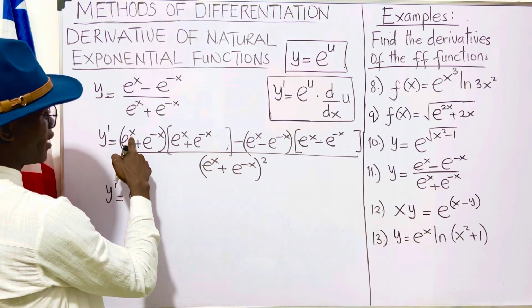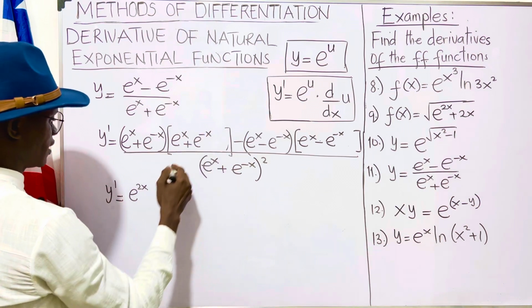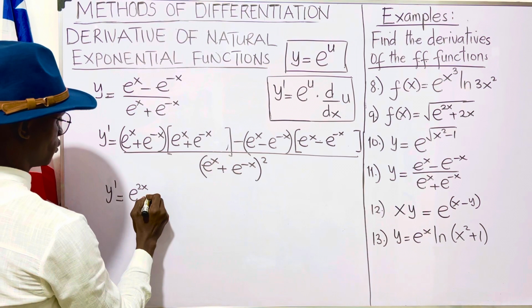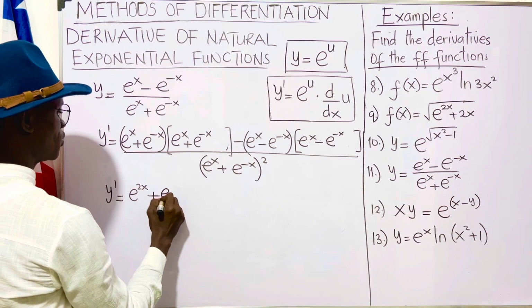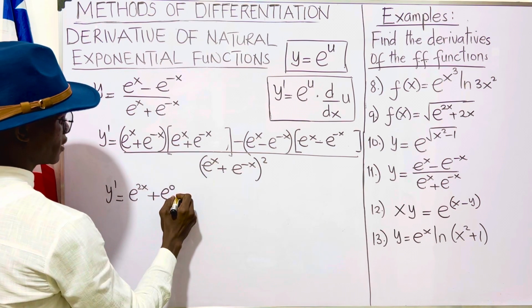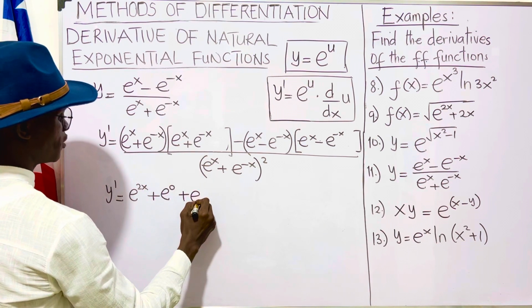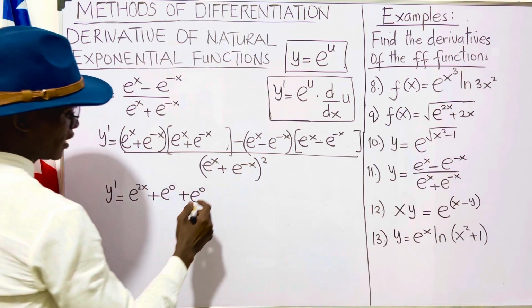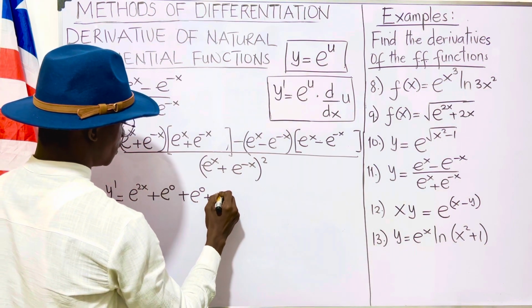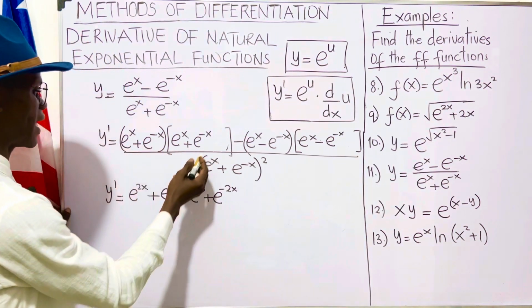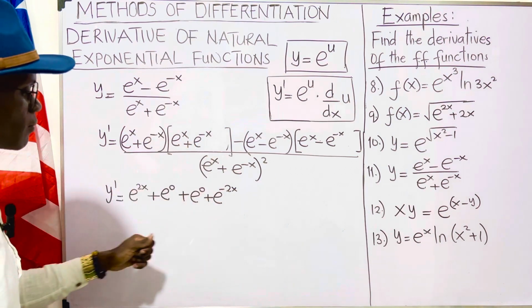So e raised to the power x times e raised to the power negative x: we add the powers, so x minus x is 0, and we have e raised to the power 0. e raised to the power minus x times e raised to the power positive x, again, is e raised to the power 0. e raised to the power minus x times e raised to the power minus x is just e raised to the power minus 2x, because when you are multiplying like bases, you must add the powers.